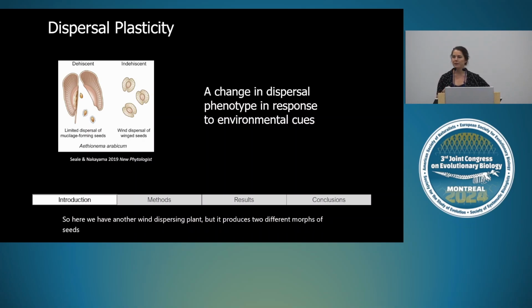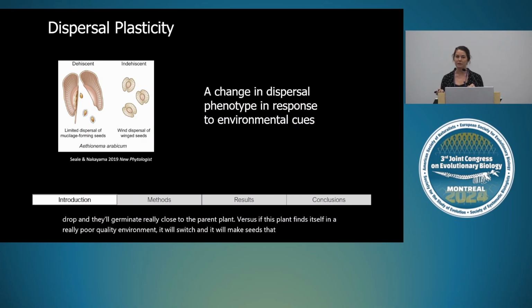When the parent plant's in a really good habitat, it will make these seeds that just drop and they'll germinate really close to the parent plant. Versus if this plant finds itself in a really poor quality environment, it will switch and make seeds that have this ability to disperse with the wind, in theory, to be able to travel further away from that bad environment.